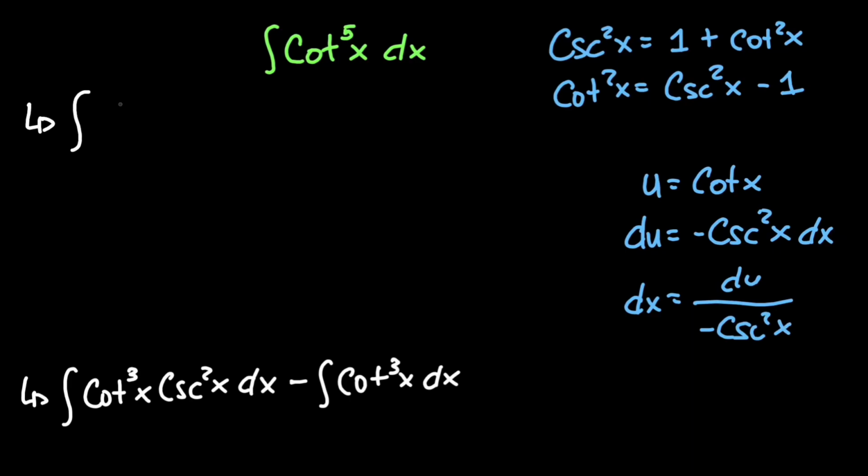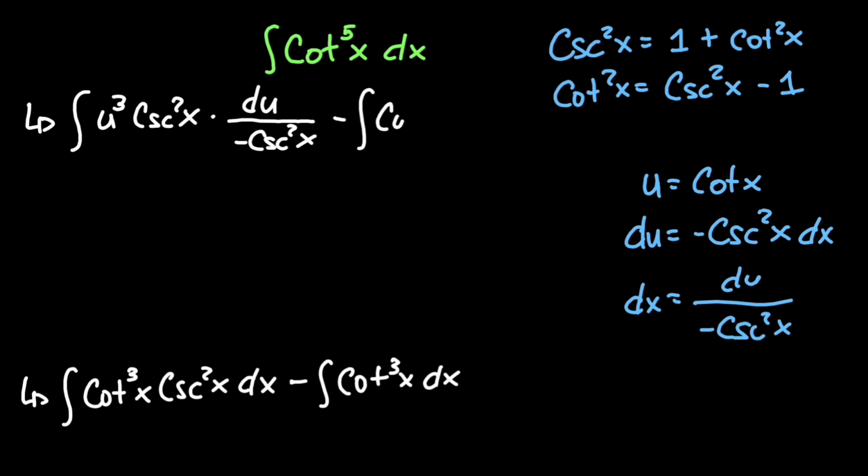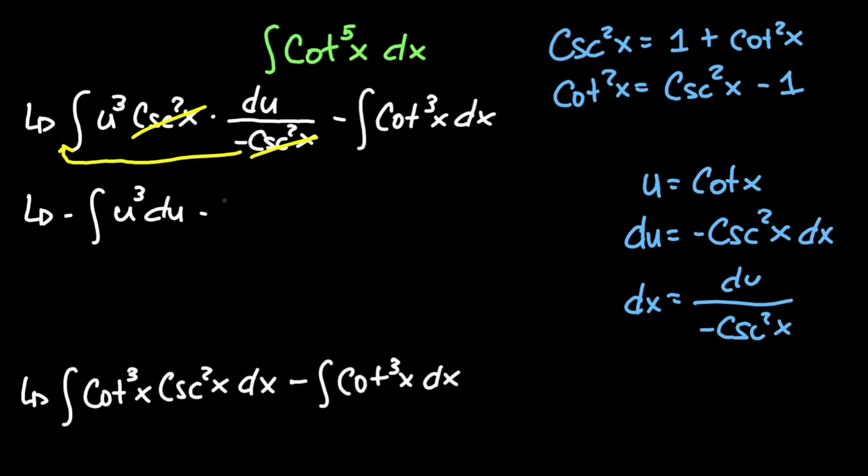You would have the integral of u to the power of 3 multiplied by cosecant squared of x multiplied by dx, which is du over negative cosecant squared of x, and copy the rest. Cosecant squared of x would cancel each other out and put the negative outside the integral. So you are left with negative integral of u to the power of 3 du minus the integral of cotangent cube of x.